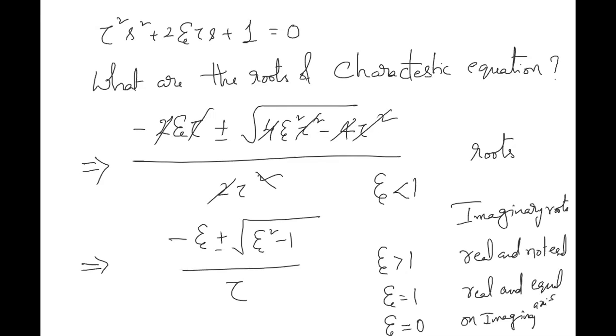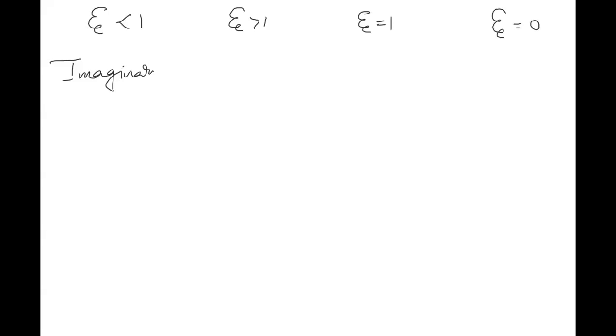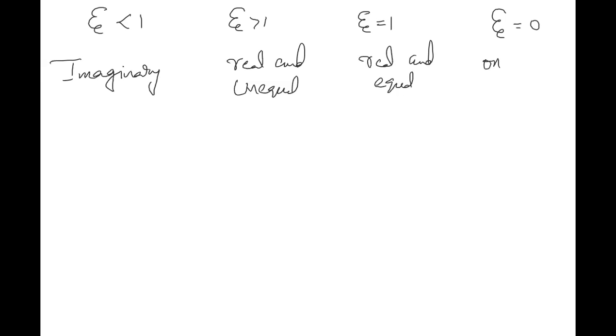Now let's see the responses. Zeta less than 1: the roots are imaginary. Zeta greater than 1: real and unequal. Zeta equal to 1: real and equal. Zeta equal to 0: on the imaginary axis.